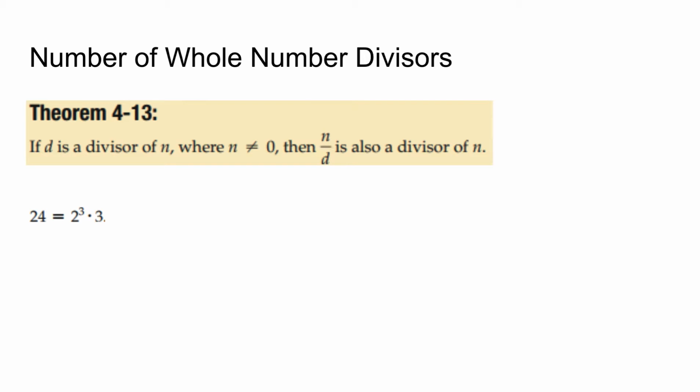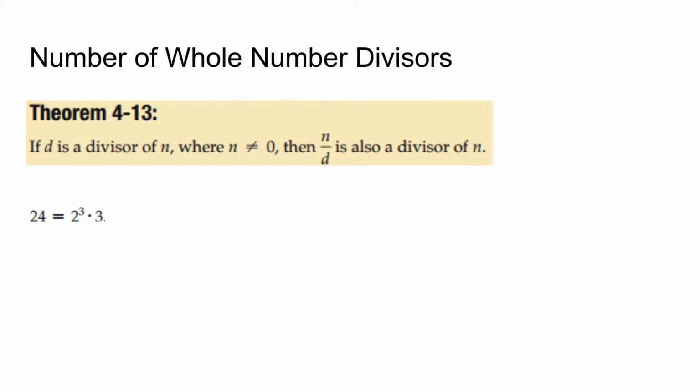That's so obvious, isn't it? Because, look, n is divisible by d. For example, 6 is divisible by 2. Then what's 6 divided by 2? That's 3. So 3 is also a divisor of 6. Because 2 times 3 is 6, right?